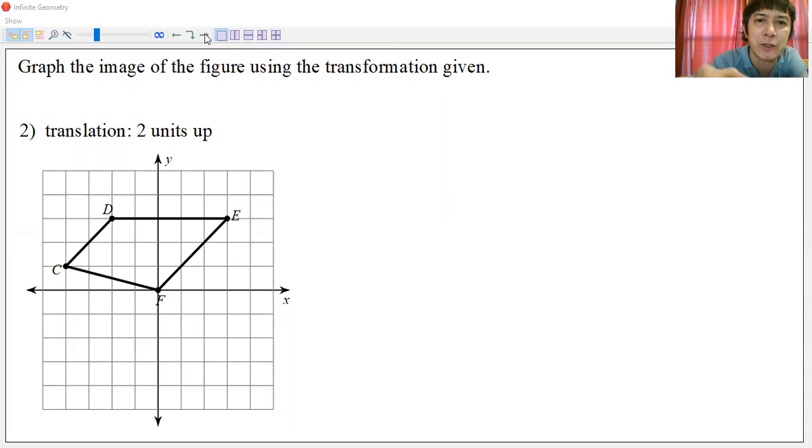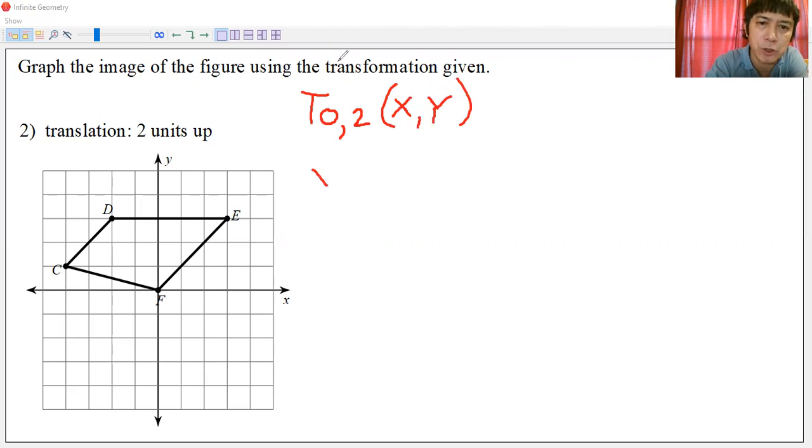Let us have the rule first. This is translation, and there will be no changes in horizontal. So that means 0, comma. There will be 2 units up. That means positive there. So it's translation 0, comma 2, operating on each point x and y there.